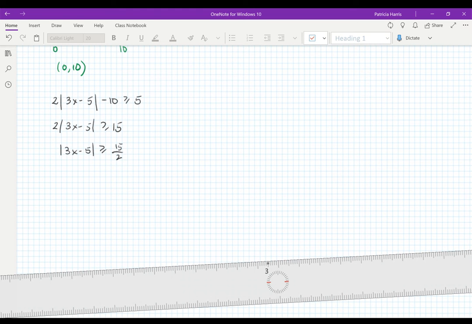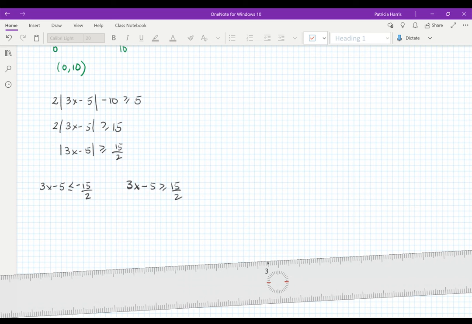Now you are ready to do the positive and negative case. Negative case, remember to switch your inequality. Like that. All right, so we got a fraction to deal with.